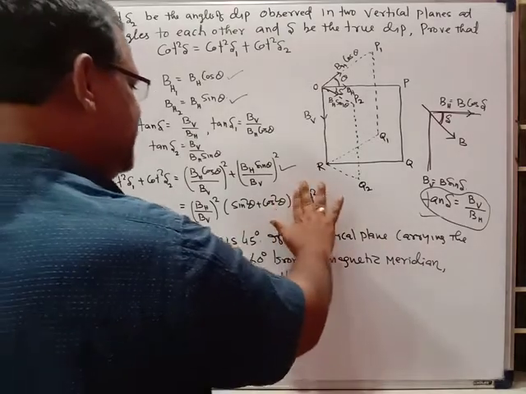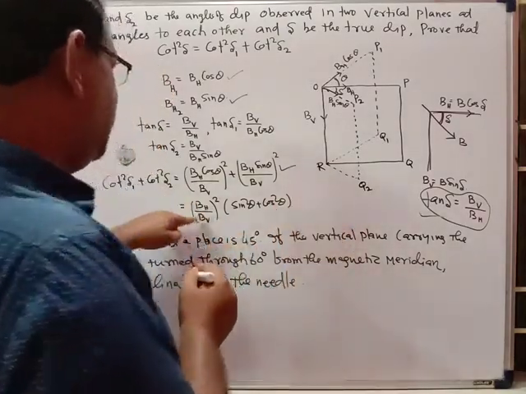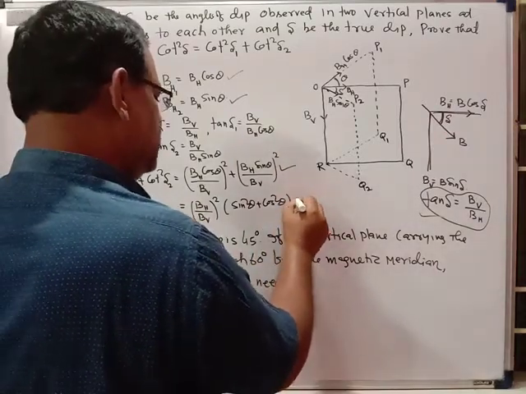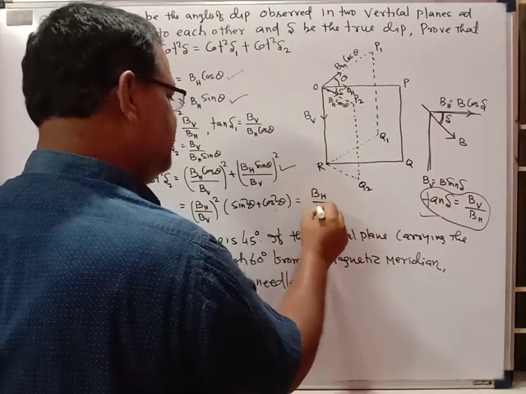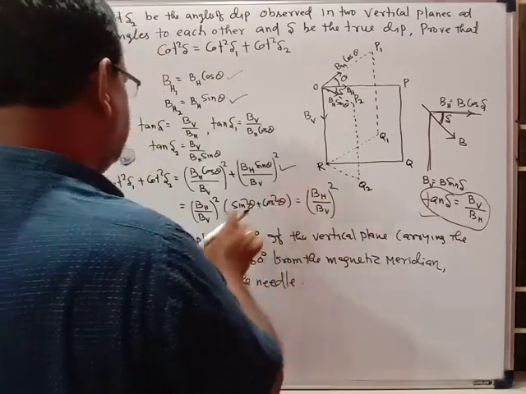And this, what is the BH by BV? That is equal to BH by BV square, because this value is 1.